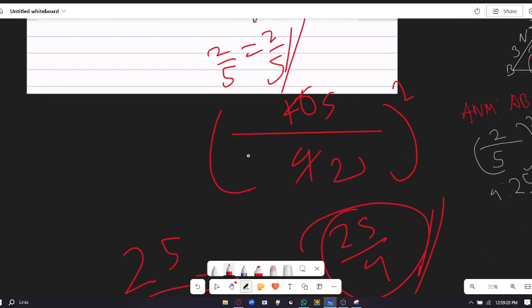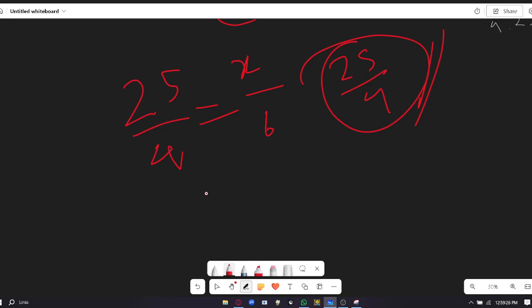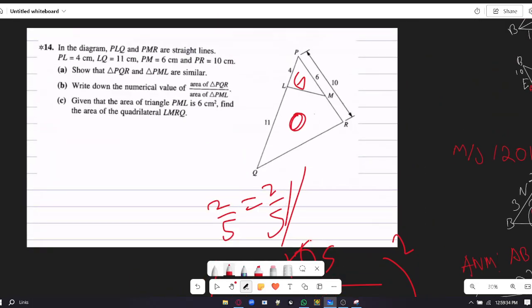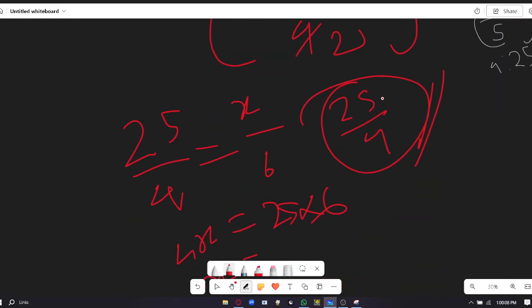So we know this as 6. We don't know this, right? 4x equals 5. 6x equals 2. Okay, so what left with this?